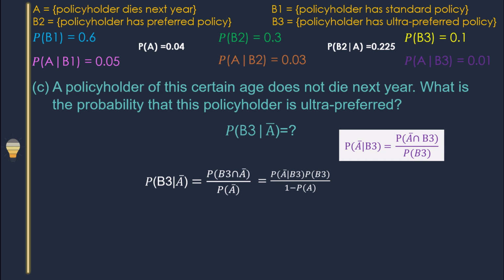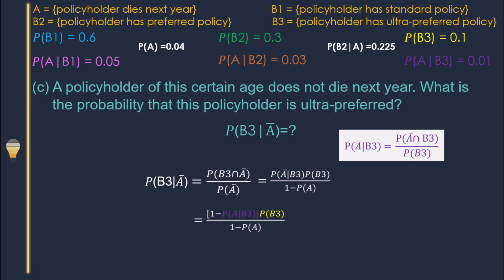Why do I write it that way? Because we don't know the probability of A complement, but we know the probability of A, since we found it in part A. So now you can write it this way. Here, the probability of A complement given B3 is unknown, but we know the probability of A given B3.